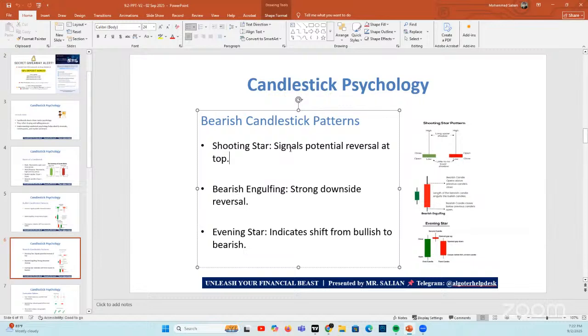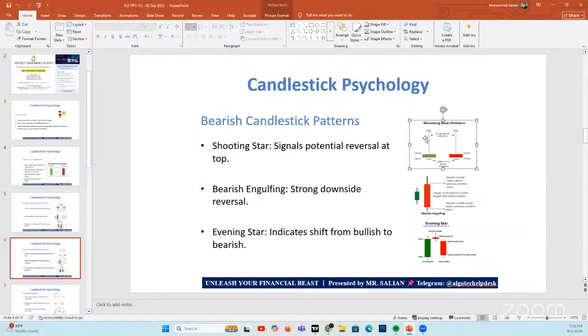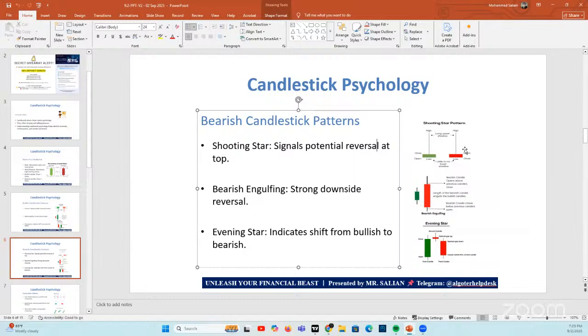It signifies a reversal to the downside because price was going up and then sellers overcome the buyers, closing on that price. So there's a selling pressure from the sellers. So it's called a shooting star.